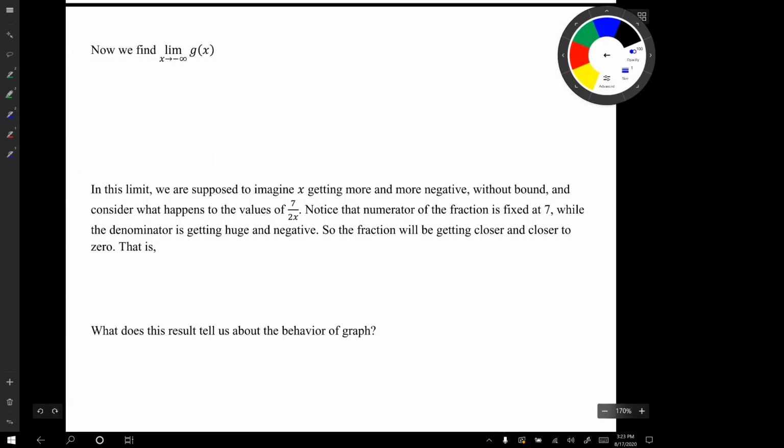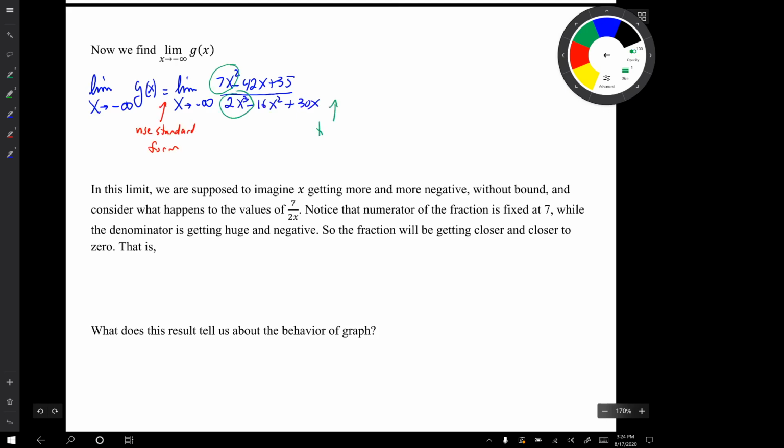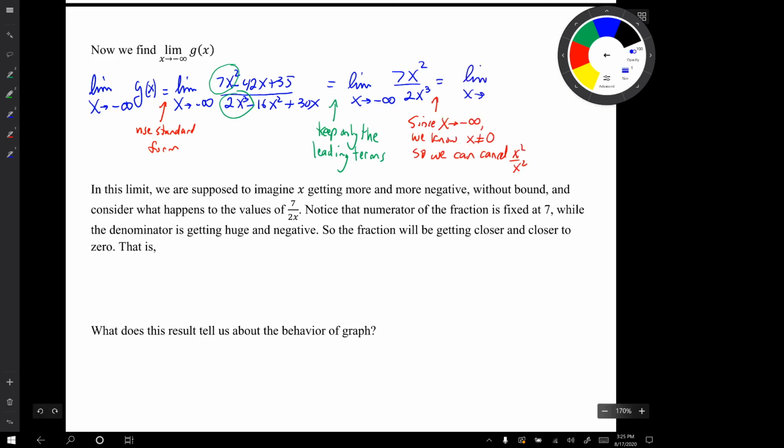Now we find the limit as x goes to negative infinity of g of x. We end up with that the limit as x goes to negative infinity of g of x equals this simpler limit here.